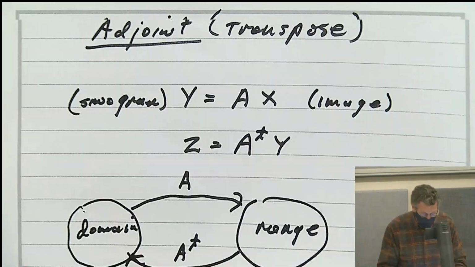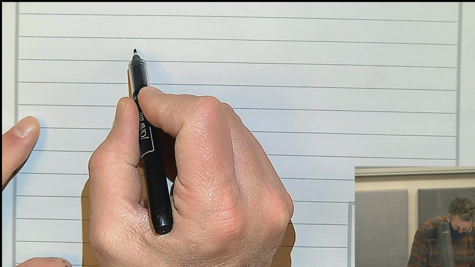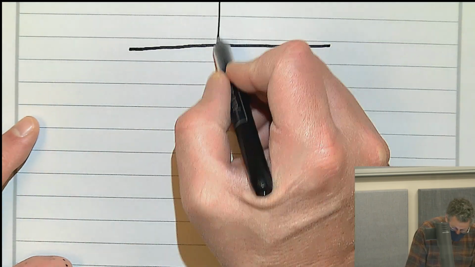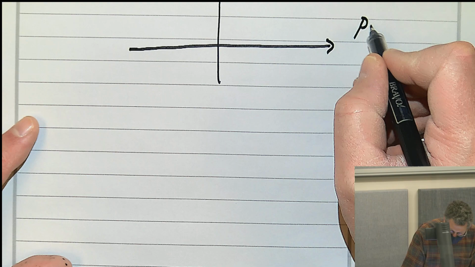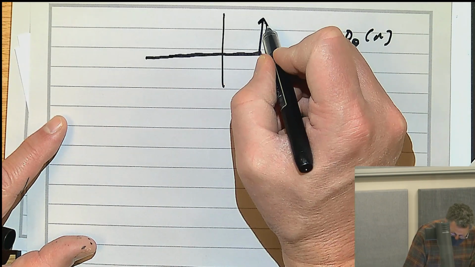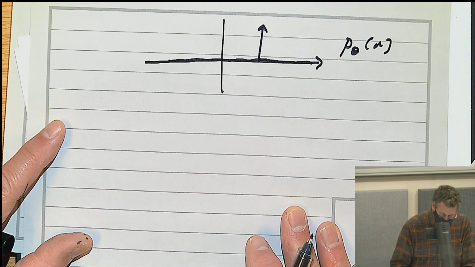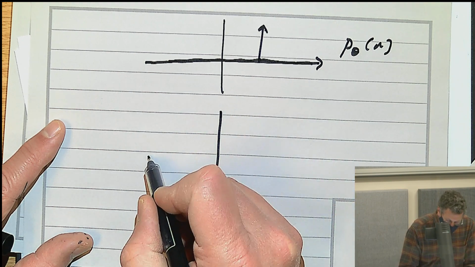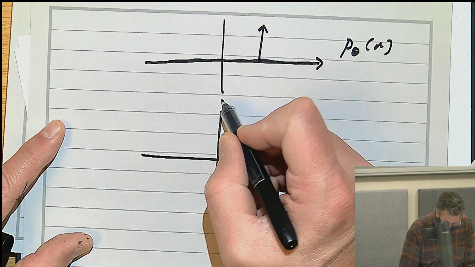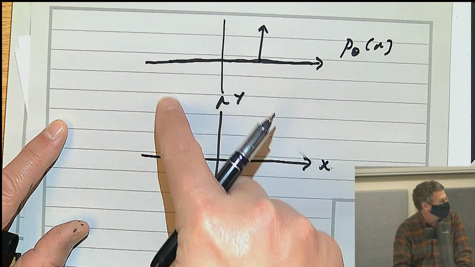So now, in order to get some more intuition as to what the back projection does, if you have a projection, so this is P theta R, and let's say the projection looks like this. It's a point like that, right? For some theta. This is X and that's Y. When you do the projection, you integrate along lines.